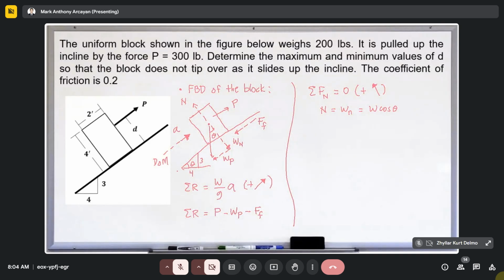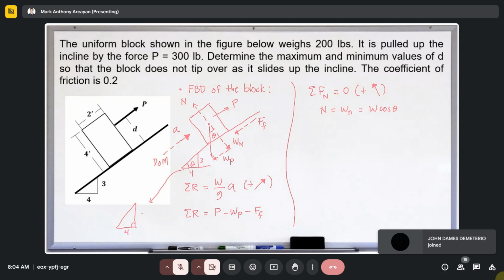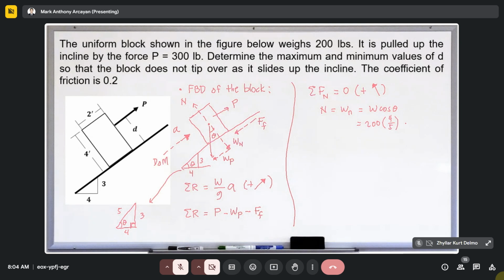And using this smaller right triangle, class, if this is 4 and this is 3, the hypotenuse of this small right triangle is 5. And what's the cosine of theta here? That's 4/5. So the weight of the block is 200 multiplied by 4/5.